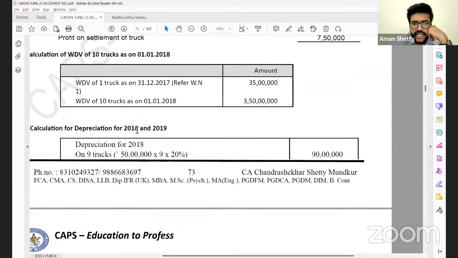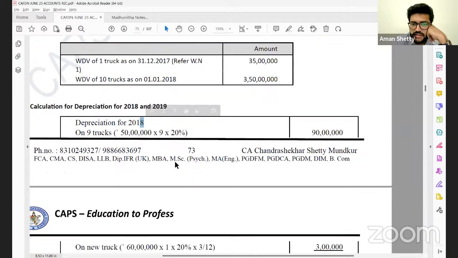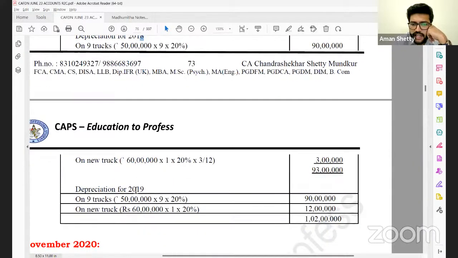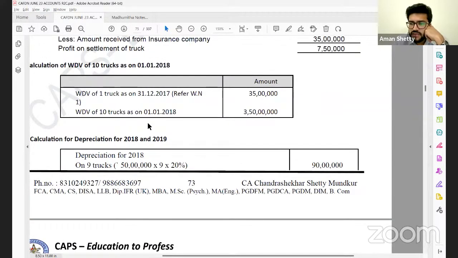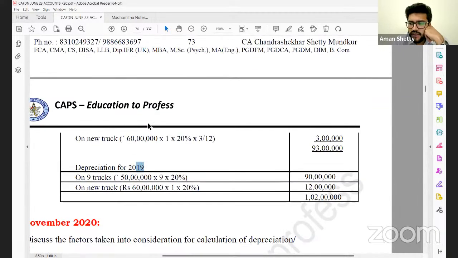Again here 2019 and 2020 both will change. 2019 and 2020. Make this as 2019. And here make it 2020. Understood? One year you have to change. Done?